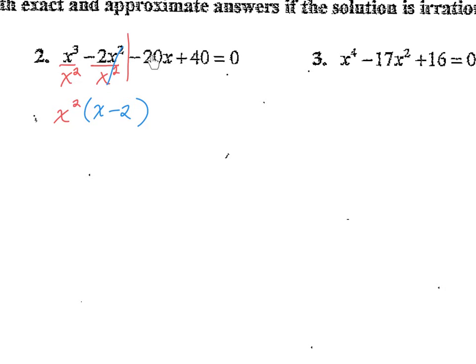So between 20 and 40, they both have a 20 that we can divide them by. But instead of dividing by 20, we're going to divide by a negative 20 because we want to make this term there positive. So I'm going to pull a negative 20 out in front. If your GCF is positive, then you would put a plus here.